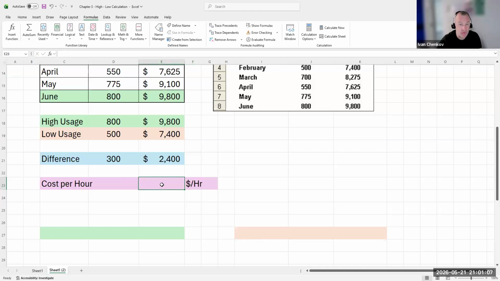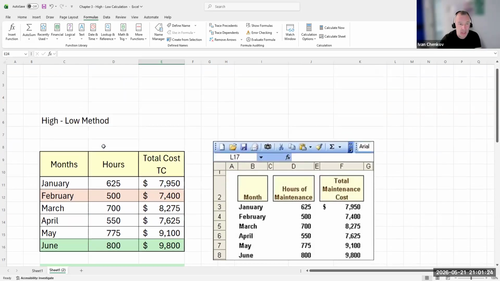Correct? So what will be my numerator? My numerator will be cost. My denominator will be hours. And I'm calculating that based on the high-low method and the difference, my cost per hour is $8. Now, what do I need this for? Because I already know, let's go back to the original.